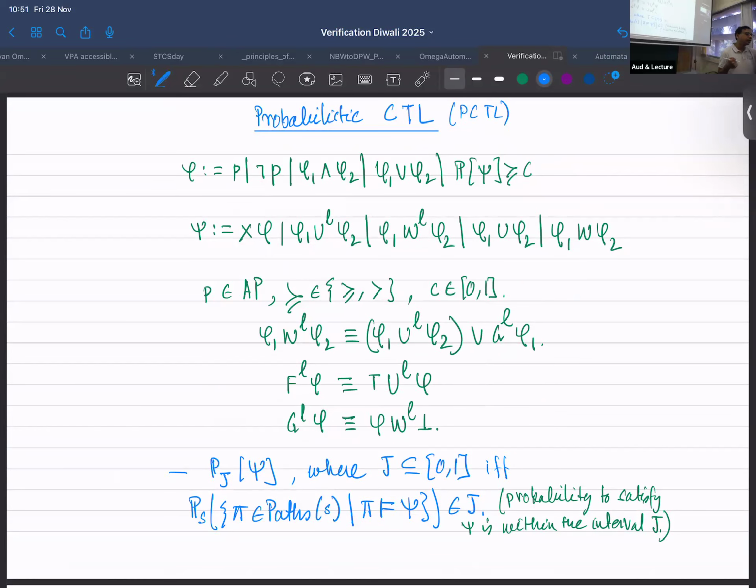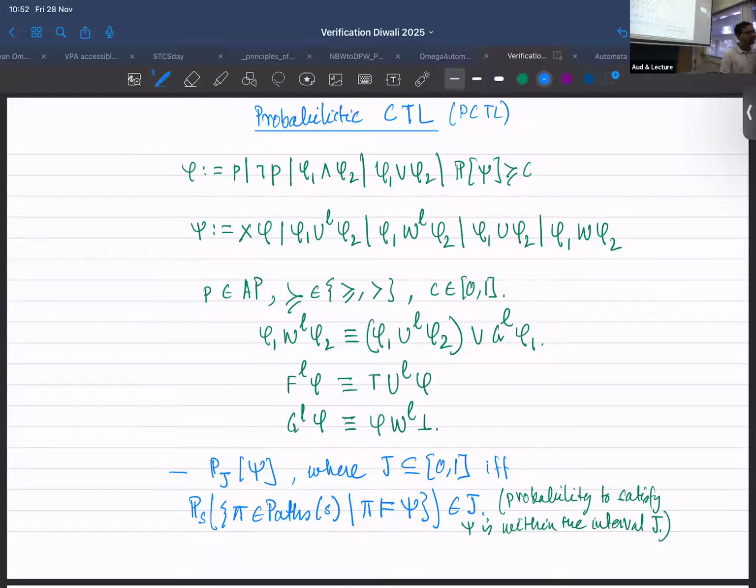which is the logic, right? Now we are going to talk about some properties. So what do you do in model checking? You are given a property, you are given a model, and you verify whether the model satisfies the property. So now the property is given in the logic PCTL, probabilistic CTL. And what is your model?